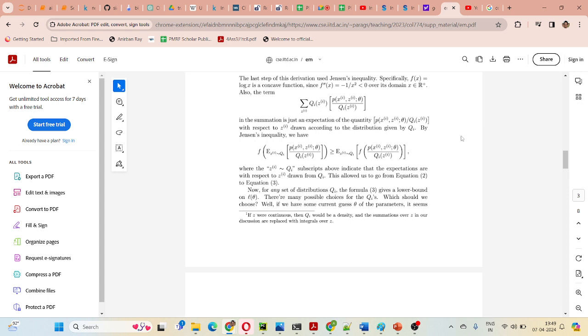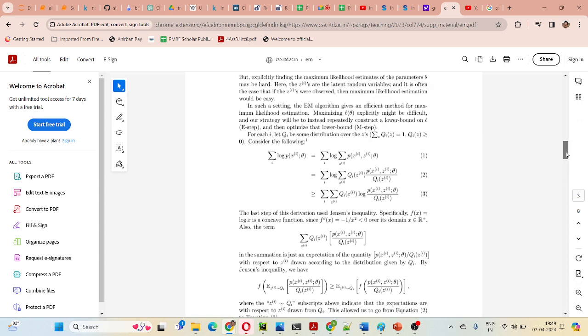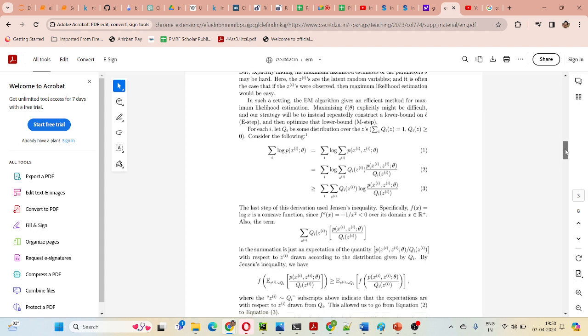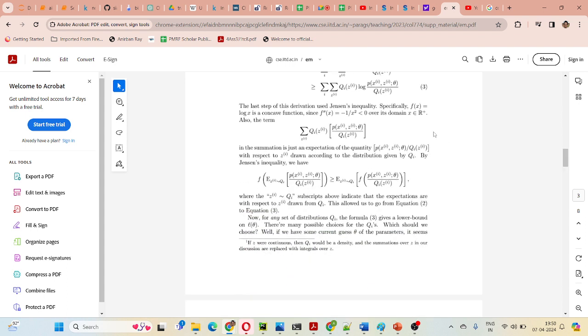First, for this they have taken a lower bound with respect to Jensen's inequality. Then they say that the summation is just an expectation.